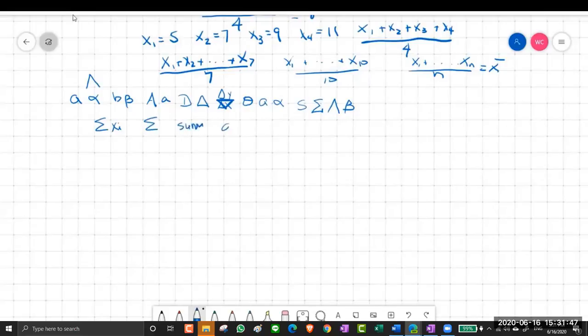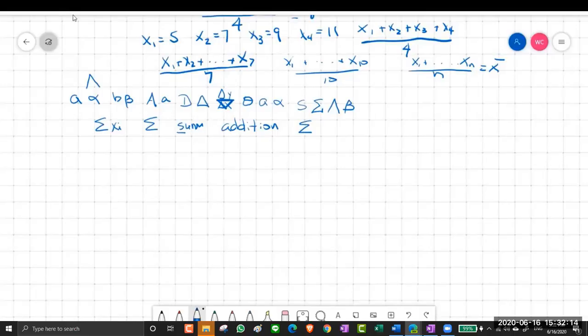Sum is another word for addition, so sum and addition basically are the same thing. When we're doing addition, we use the Greek letter S because it's the first letter of the word sum.